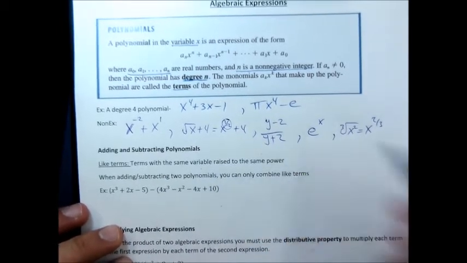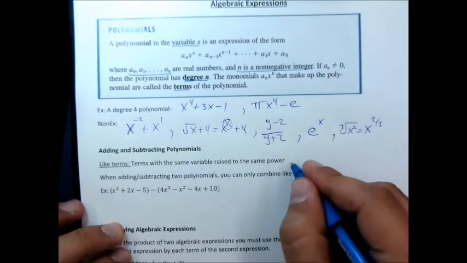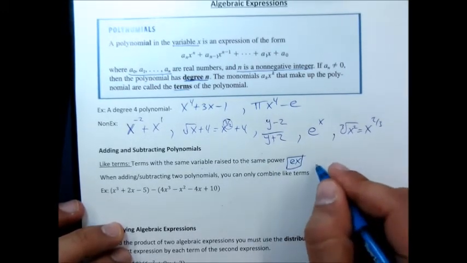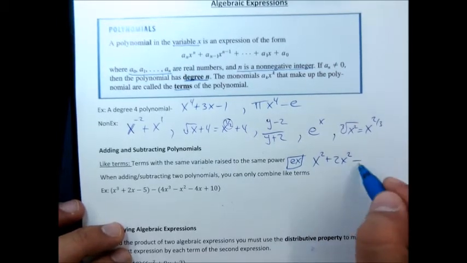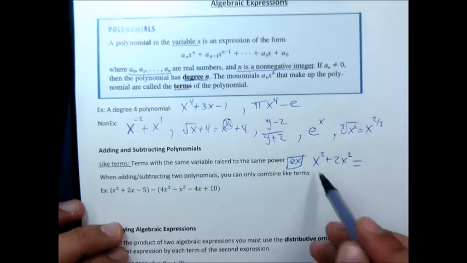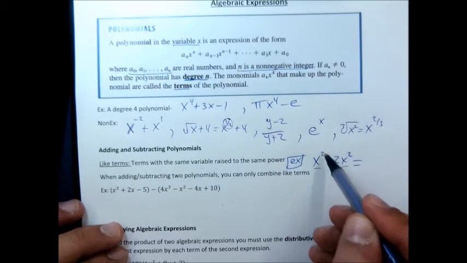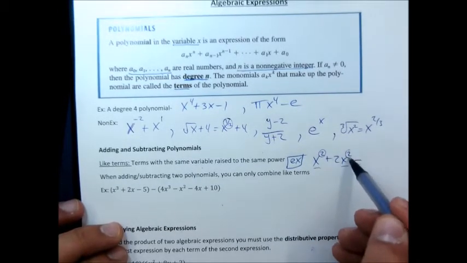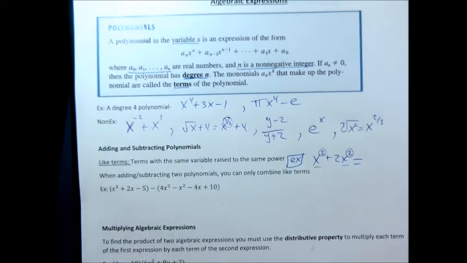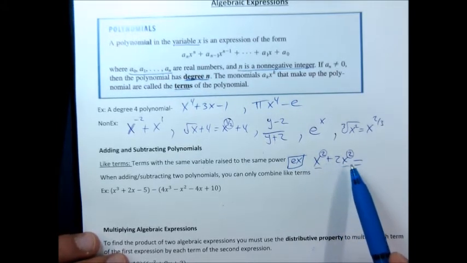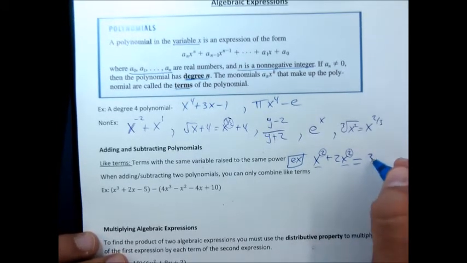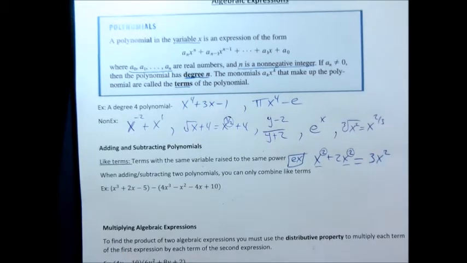So for example, and I know you've heard this before and maybe it's not new, x squared plus 2x squared are like terms because they both have an x and both of the x's are raised to the same power. And so we're allowed to combine them in that situation because we have one of something plus two of that same thing. And so that gives us three of that thing, right? Great.